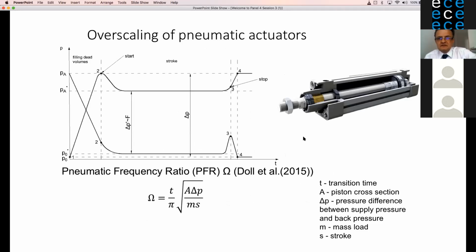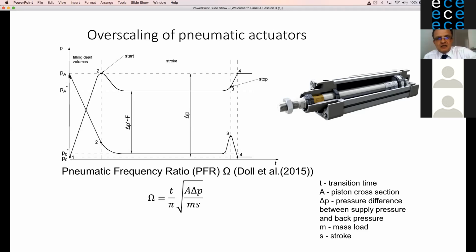What is interesting is that classical pneumatic cylinders are oversized by nature. What does it mean? If you look at the difference of pressure, I mean this pressure is measured in two separate chambers, we observe the dynamics over time. This pressure is like this.